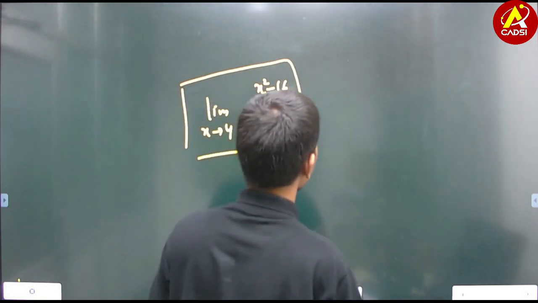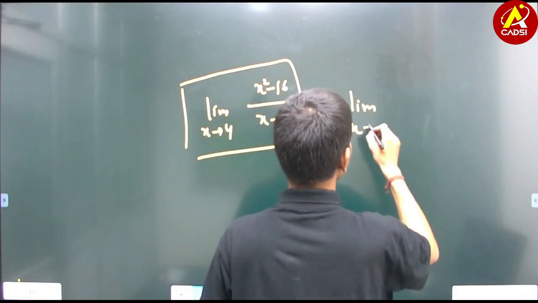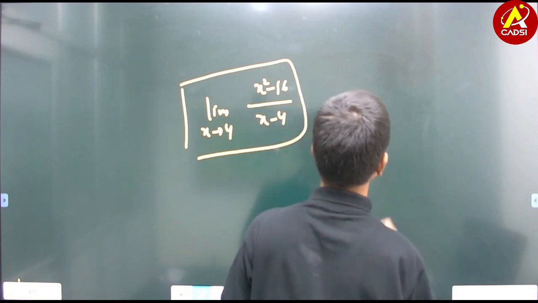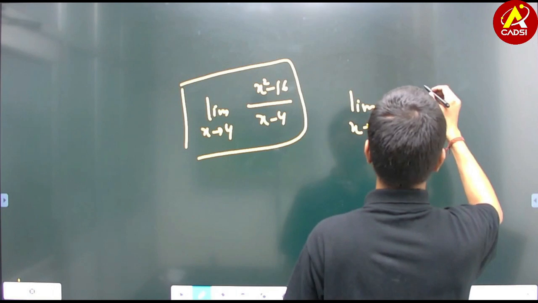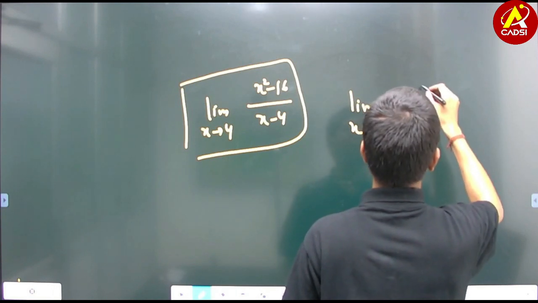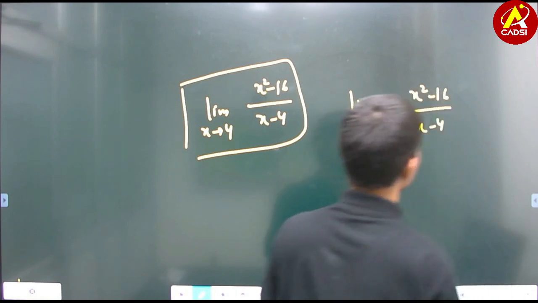x tending to 4 plus, here (x square minus 16) upon (x minus 4).